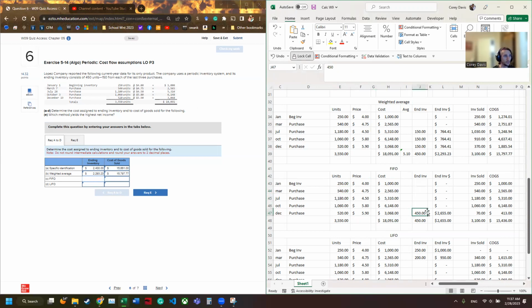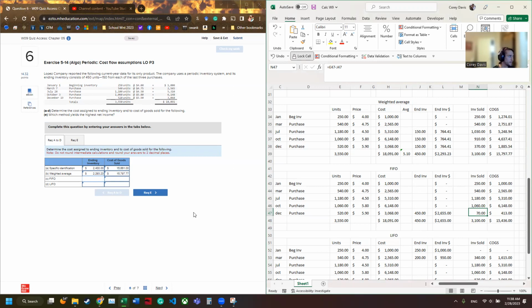And so this 450, the ending inventory amount on it, is only based off of that 590, because we can take all 450 out of the 520 that we have, making it so we sold all of these, right? These are the same as our units here, but we only sold 70 of this 520, because the rest is our ending inventory.